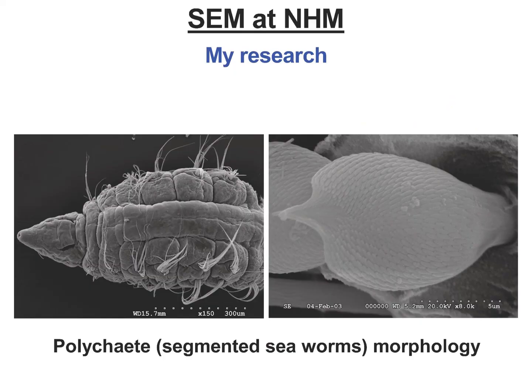I'd like to briefly mention how SEM plays a role in my own research. I study very small segmented worms that live in all the world's oceans. These worms are called polychaetes. I examine their morphology, describe new species, and study their evolutionary relationships.